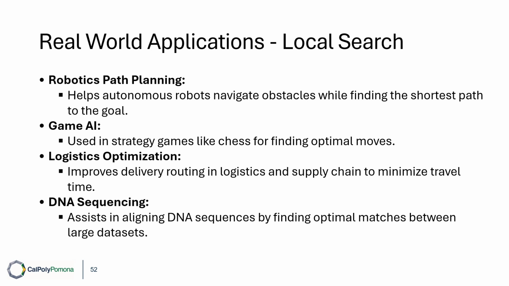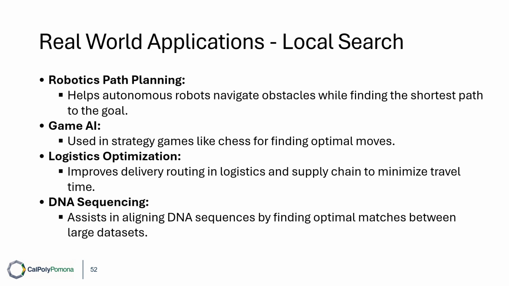Now, real-world applications of local search. There is a variety of fields where it has real-world usage. In robotics, it helps autonomous robots navigate obstacles while finding the shortest path to the goal. In a variety of games, such as strategy games like chess, it helps find optimal moves against opponents.